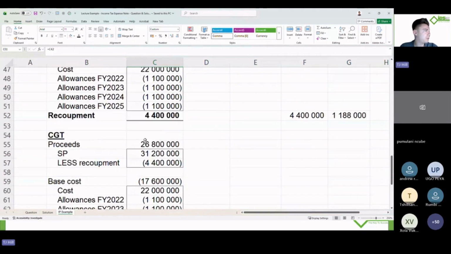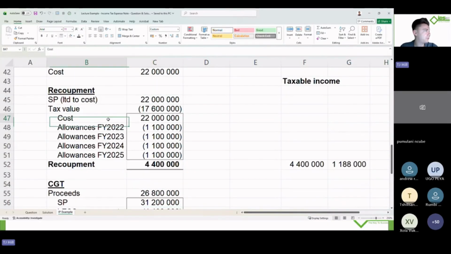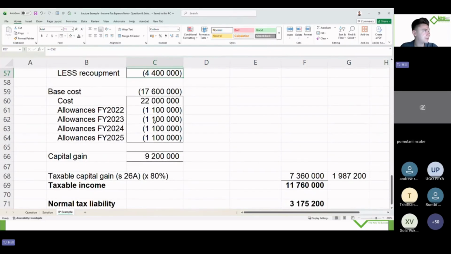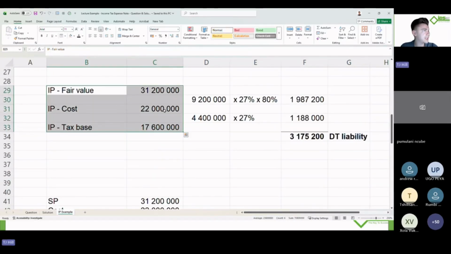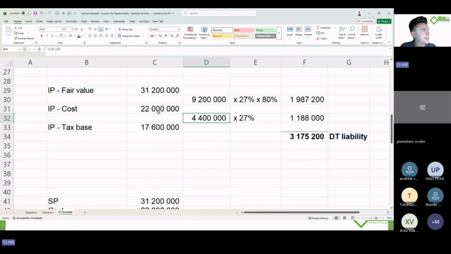That's why you need to chop off the recoupment in here first and chop off the recoupment there first, and you take out your allowances. It'll get you to the story that a capital gain is only the portion above cost, is technically a capital gain. And the portion that you've already claimed before, your previous allowances you have claimed, you are recouping.